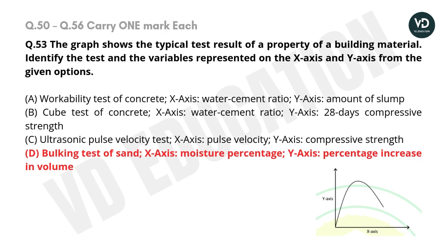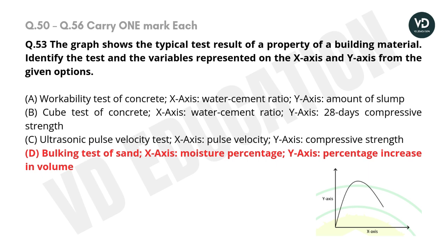Question number 53. The graph shows the typical test result of the property of a building material. Identify the test and the variable represented on the x-axis and y-axis from the given options. Options are A. Workability test of the concrete, x-axis water cement ratio, y-axis amount of slump.